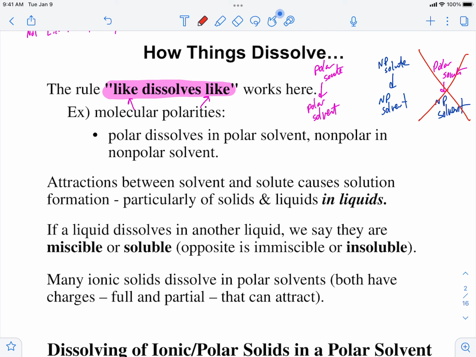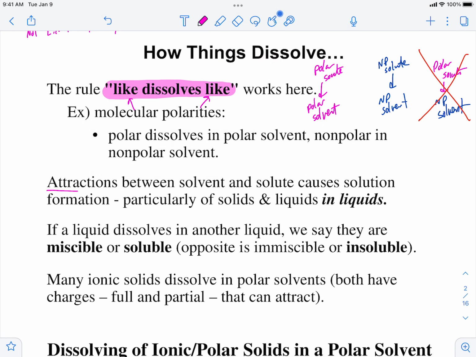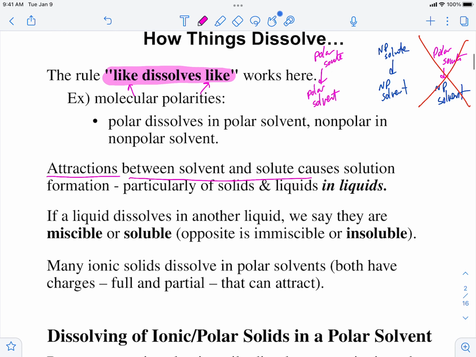All right, so how do the solutions form? Attractions between the solute and solvent cause solution formation. If two liquids are able to dissolve, then we say that they are miscible or soluble.